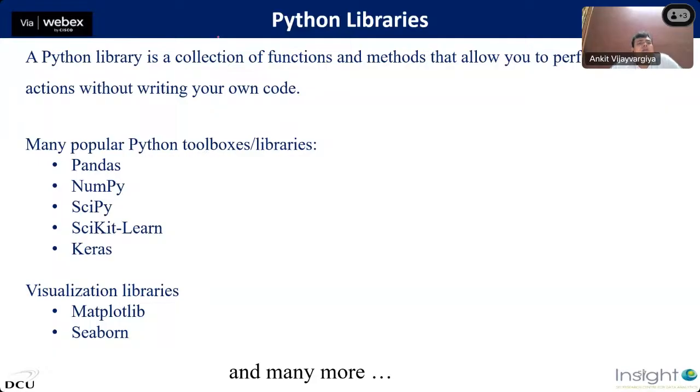So basically, what is a Python library? A Python library is a collection of functions and methods that allow you to perform many actions without writing your own code. Suppose you want to apply a decision tree. There are two ways: either you write the complete code of the decision tree based on the mathematics, or, since Python is very popular because of the many available libraries, you can use scikit-learn and directly apply the decision tree or other machine learning models.